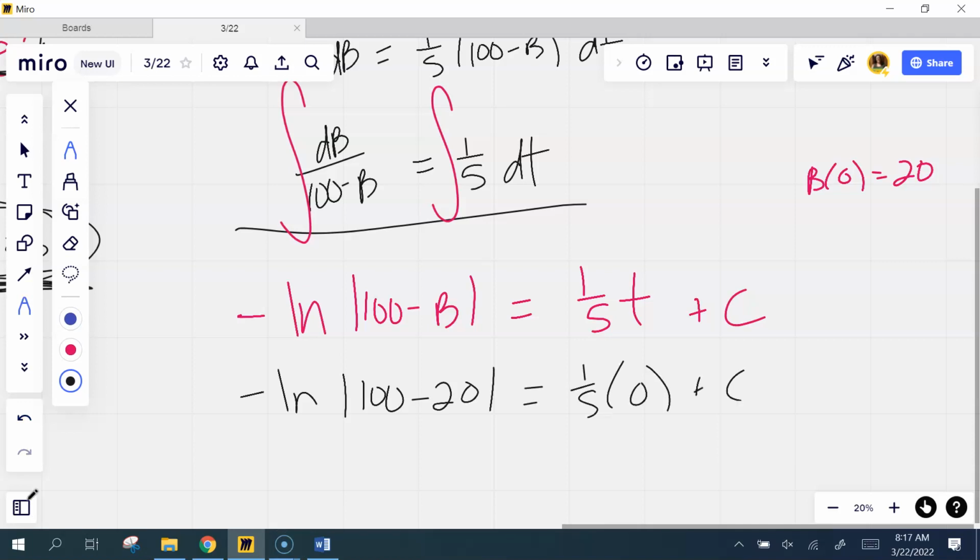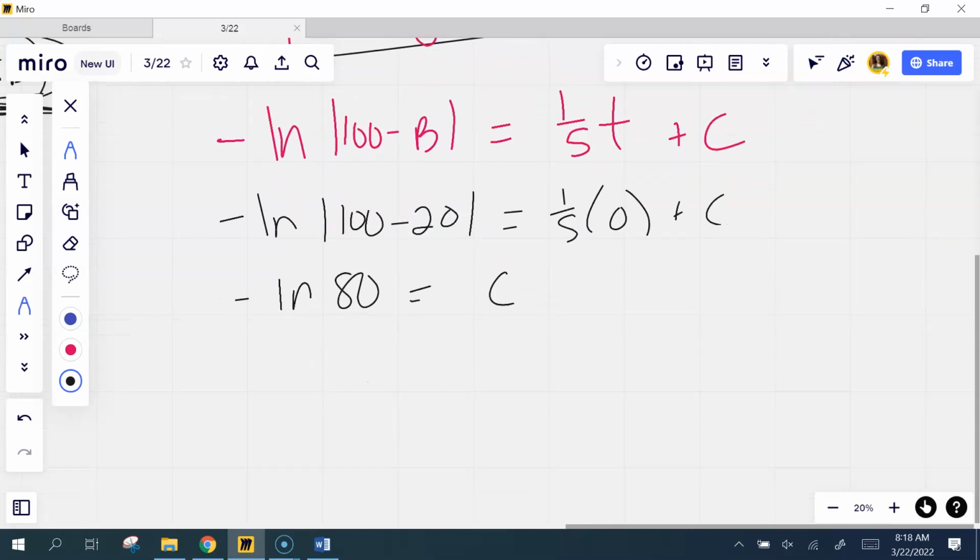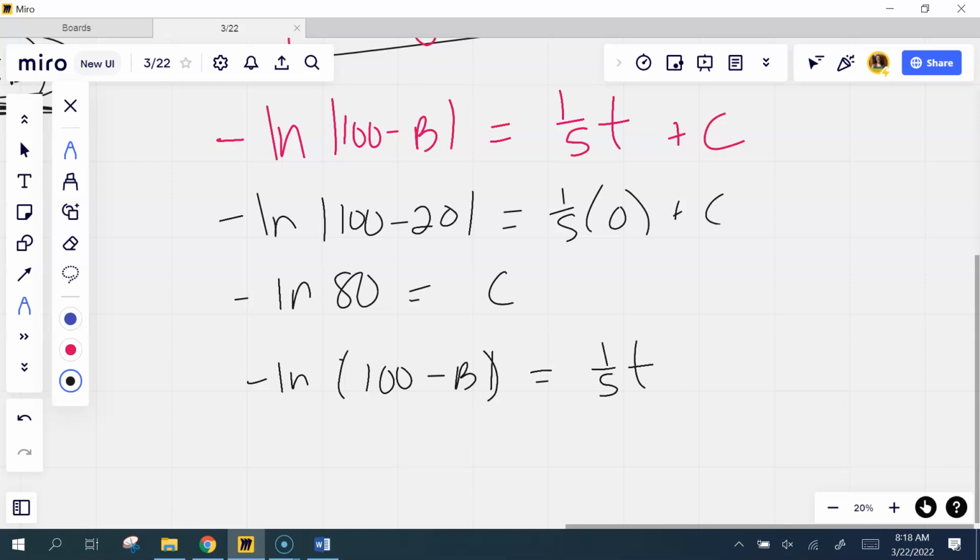1/5 times 0 plus c. Now I just plug that back into C. So using the initial condition is a point. So now I have negative log of 100, and I can drop that absolute value now, minus the 150, minus log.